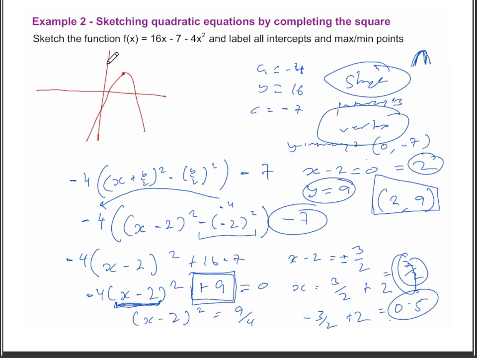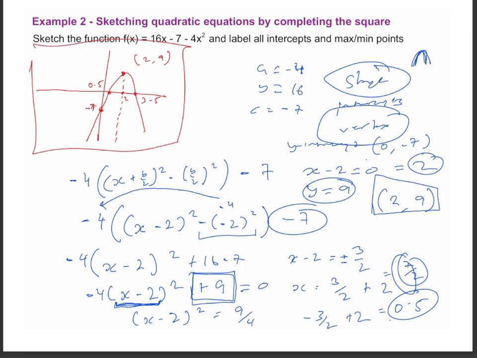Obviously it's an n shape. The vertex is (2, 9). The two points at which it meets the x-axis are 3.5 and 0.5. This is the line of symmetry, which is at x equals 2. And finally, this point is -7, because that's where it intersects the y-axis. And this is going to be the sketch of your curve. Okay.